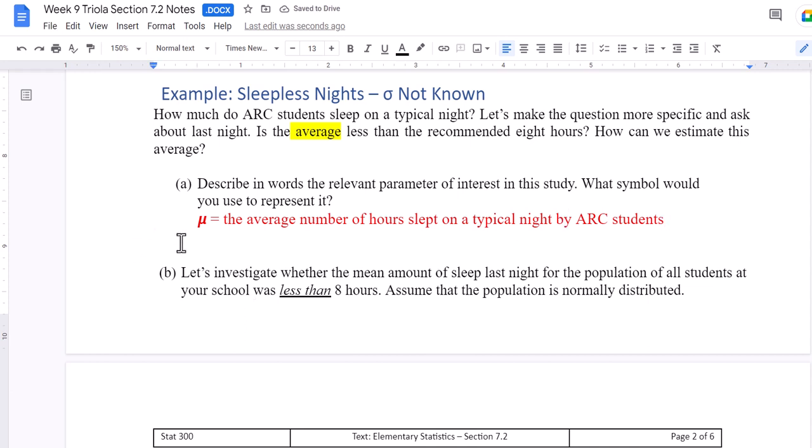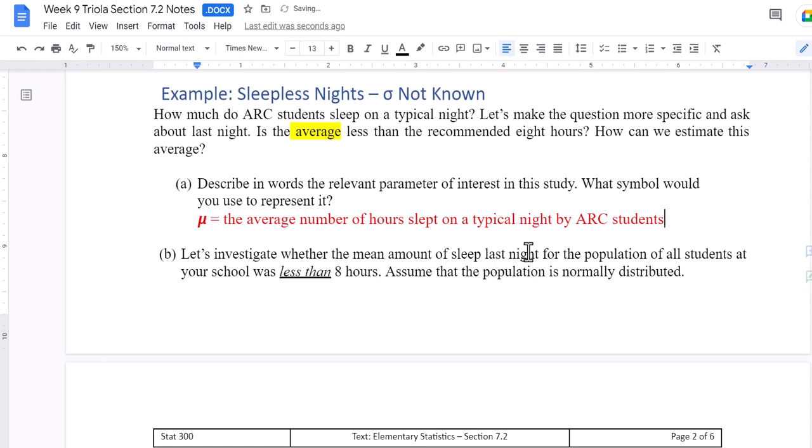So let's investigate whether the mean amount of sleep last night for the population of all students at American River College, your school, was less than 8 hours. This is going to come in handy for our hypotheses. We want to investigate whether ARC students sleep on average less than 8 hours.